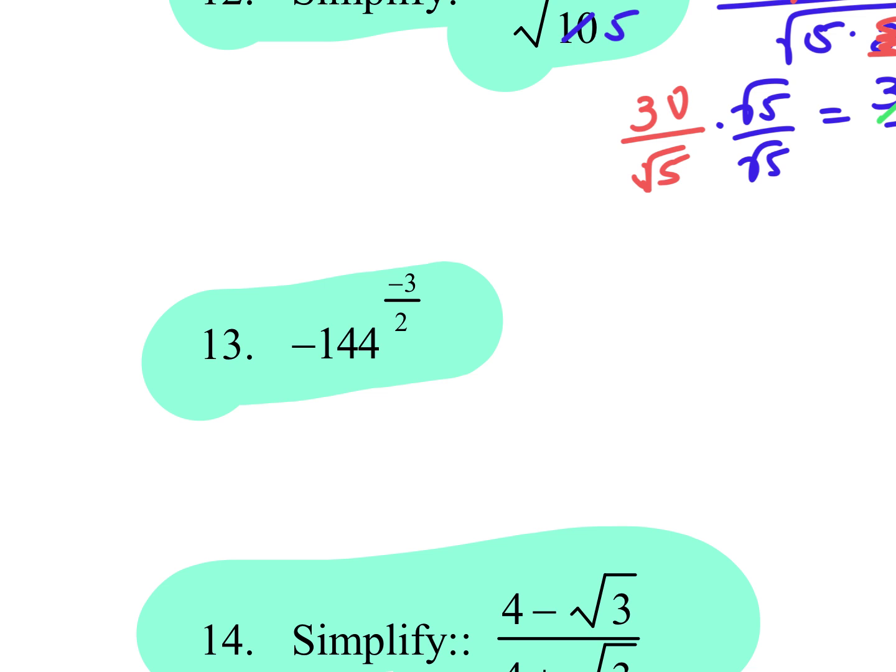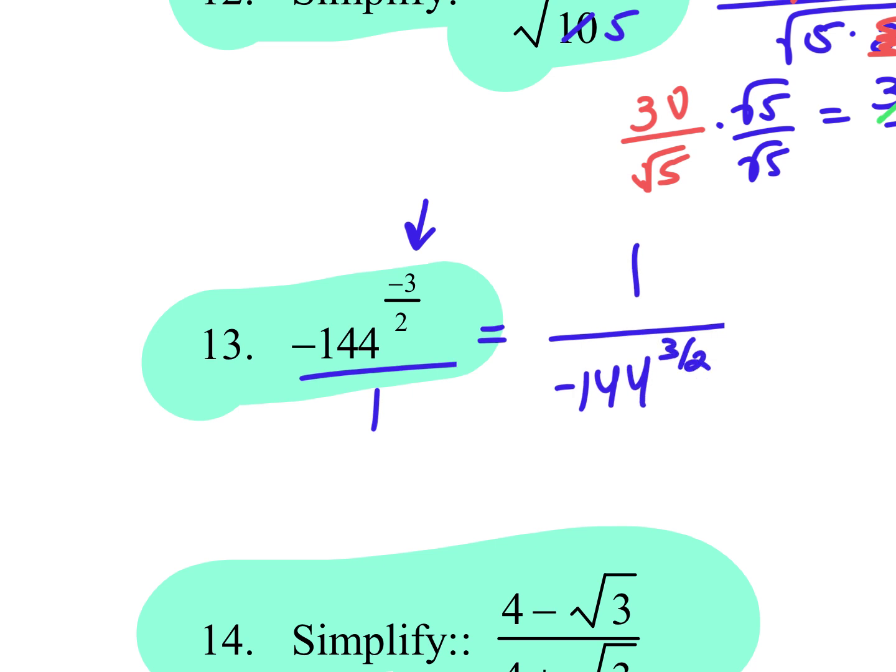The first thing I want you to do is recognize that this is a negative exponent, right? So how do I rewrite this? Nope. Fix the negative exponent first. 1 over, thank you. What? Negative 144 to the 3 over 2. Fix the negative exponent first.